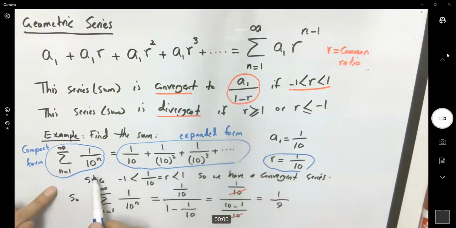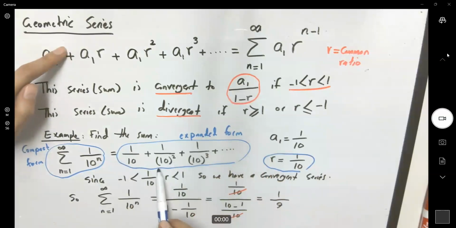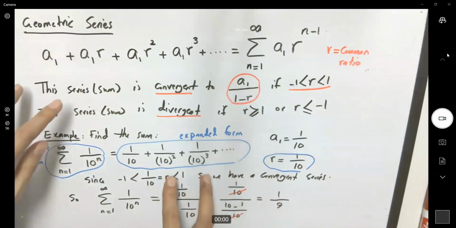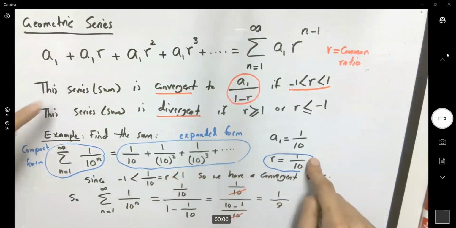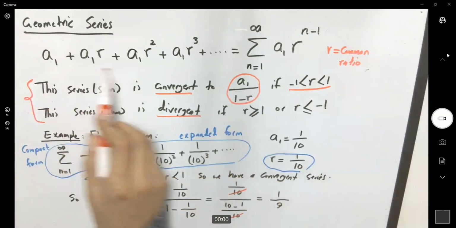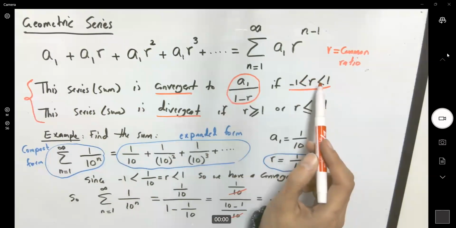When you take your series, write it in expanded form, and compare it with the definition. The very first term is 1/10 plus. Well, sometimes the very first term and the common ratio are combined together. Our job is to identify those A1 and the common ratio. Then you check the definition. The definition says my series is a convergent series if the ratio is bounded between -1 and 1.